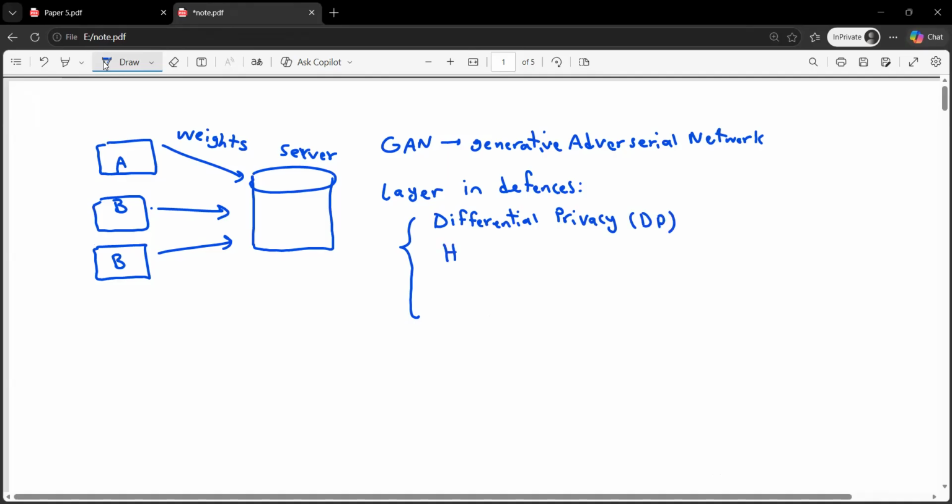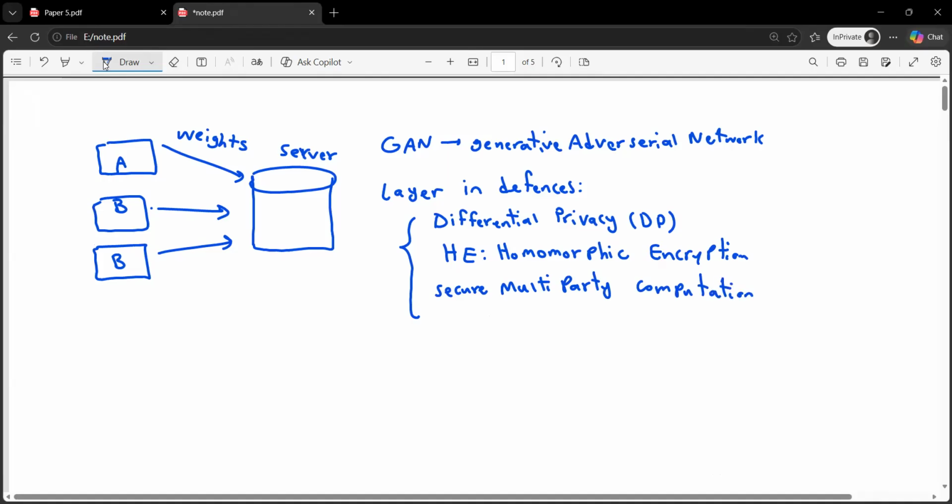The other one is HE, or homomorphic encryption. And finally, the last part that we can use is secure multi-party computation. And actually, there is one more technique, and that is hardware security. I'll talk about that shortly today too.